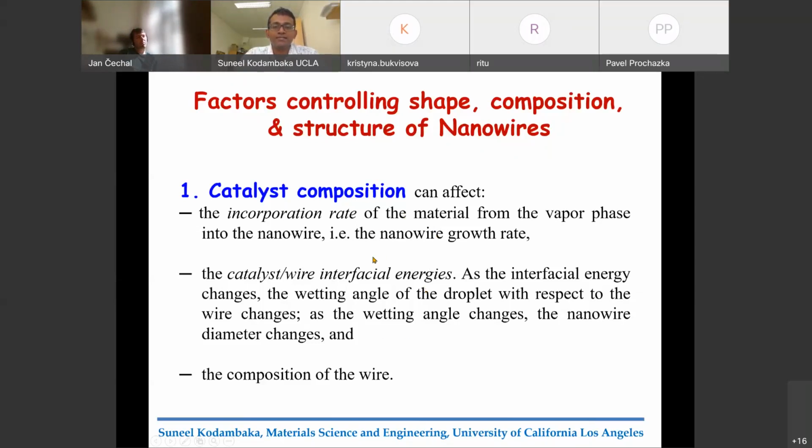And the catalyst composition also affects the wetting angle. So the shape of the droplet on top of the nanowires changes, and that affects the nanowire morphology itself. And of course, as you change the composition of the catalyst, you can change the composition of the wire, which is particularly the case for group III-V nanowires.